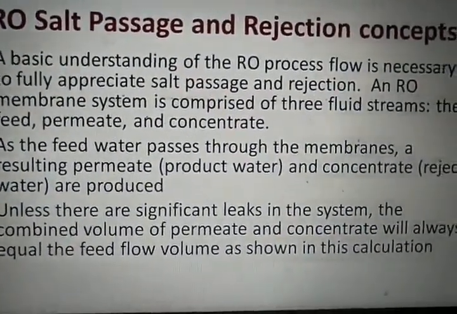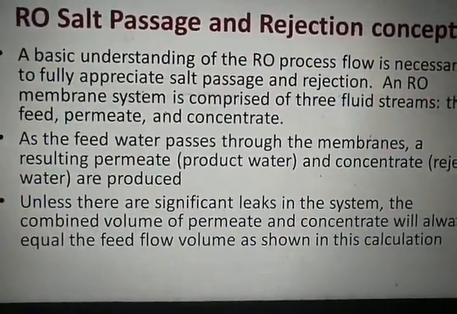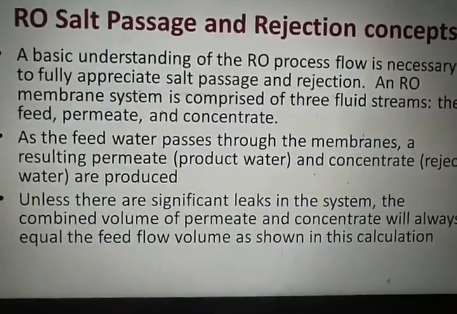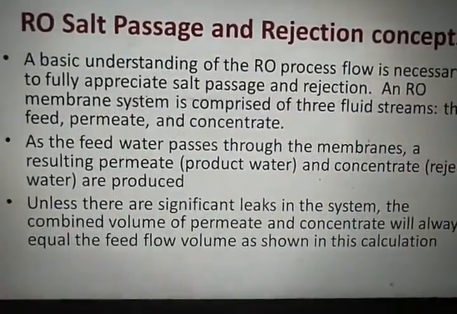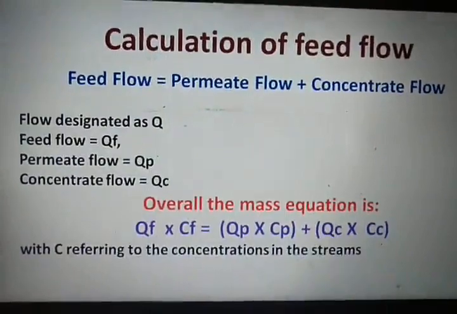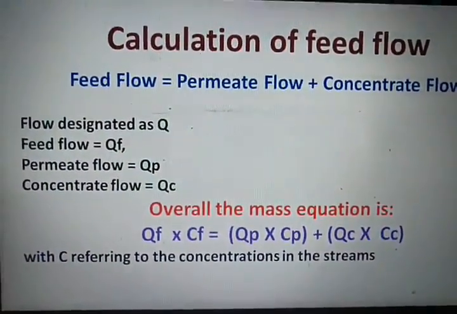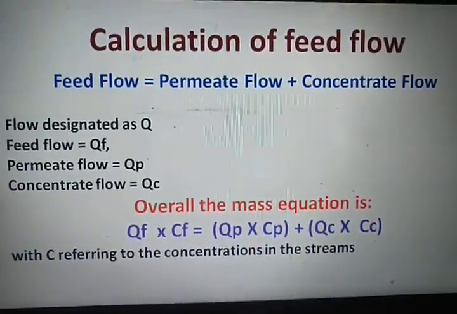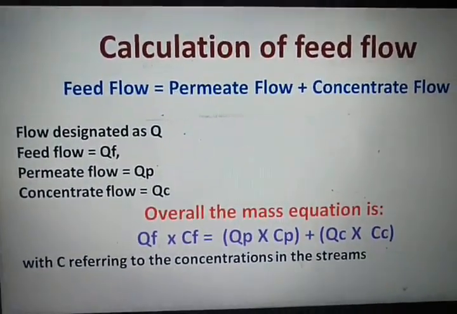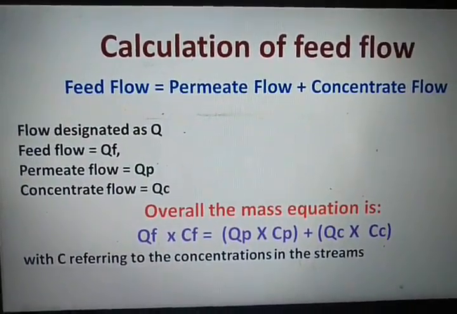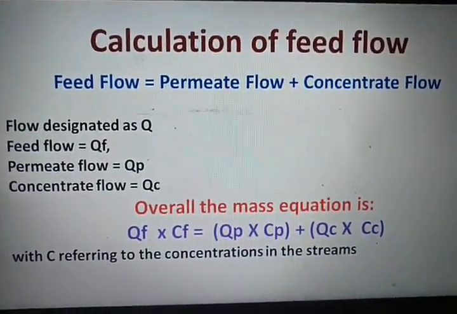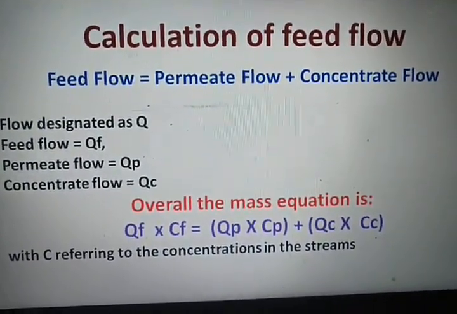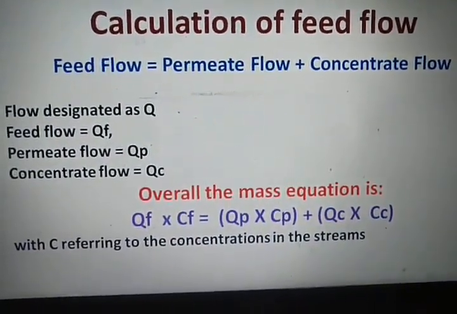Unless there is a significant leak in the system, the combined volume of permeate and concentrate will always equal the feed flow volume. In a balanced condition, feed flow is equal to permeate flow plus concentrate flow. That means there is no loss in mass: whatever feed enters should either come out as permeate or be retained as concentrate flow.